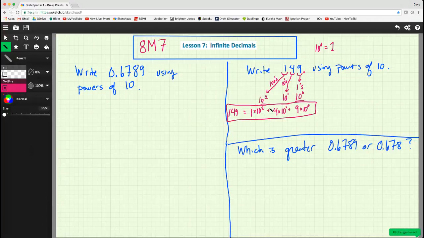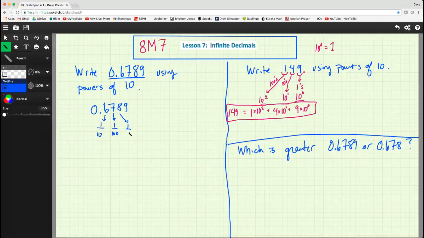And we have an exact same situation going on when we write numbers like this number here. So let's look at this, 0.6789. So this is our tenths digit. This is our hundredths digit.